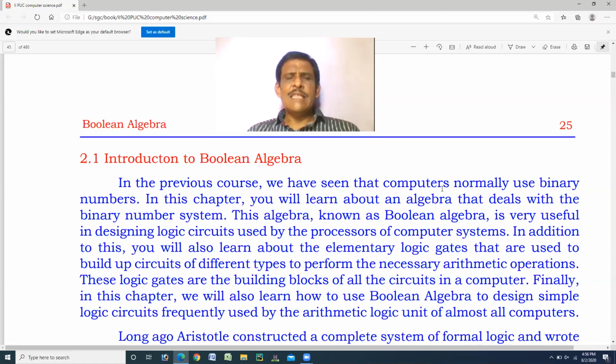In this lesson, we learn how to use Boolean algebra to design simple logic circuits like ALU.